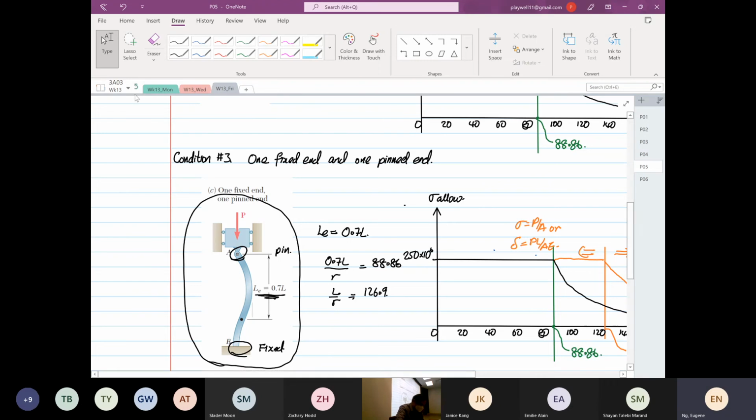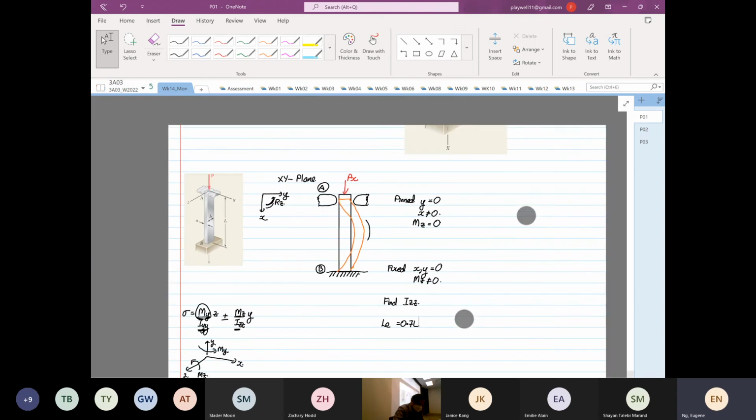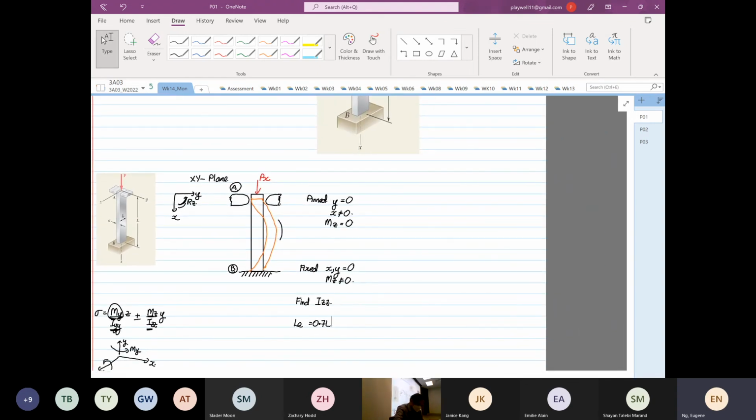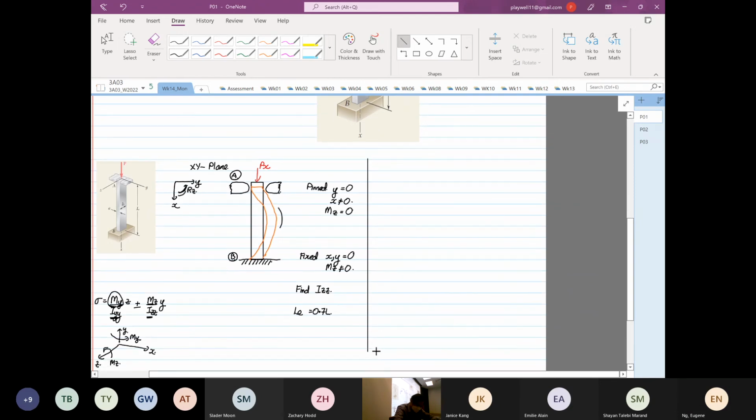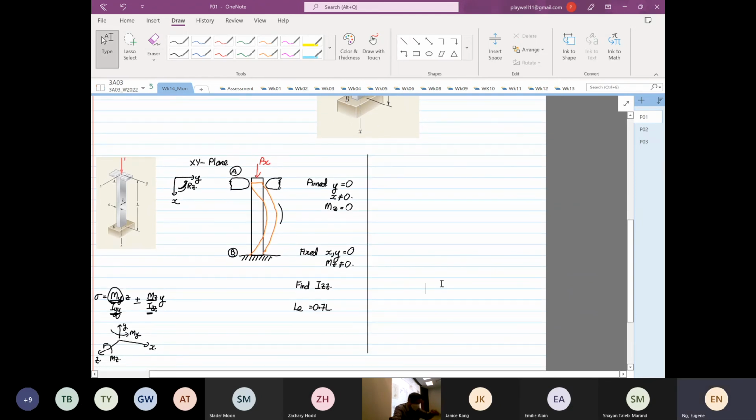Right, then now let's go back. So now that is in the XY plane. Then if we were to look at this structure at a different plane, now we look at a different plane.